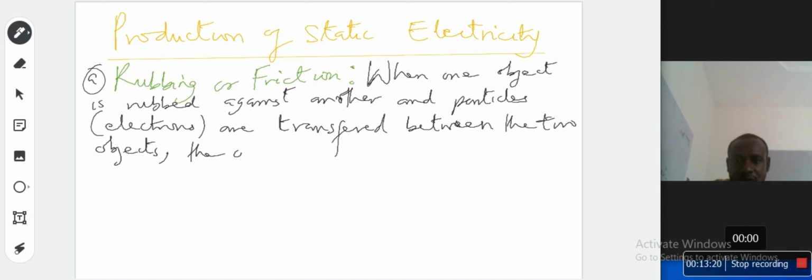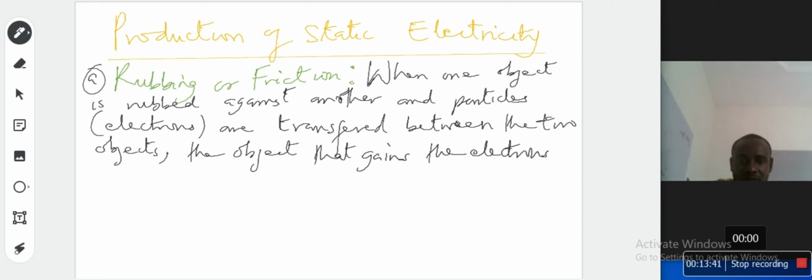Now, let me put it in simple terms: the object that gains the electrons becomes negatively charged.